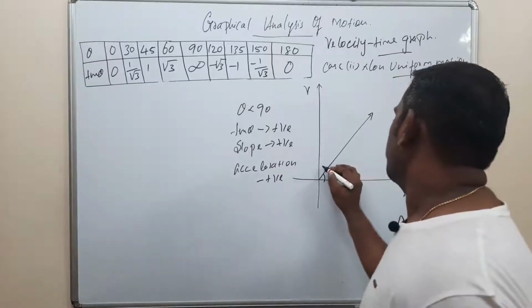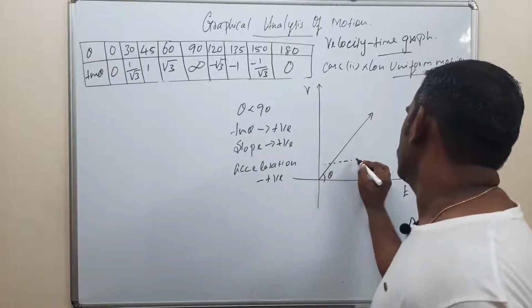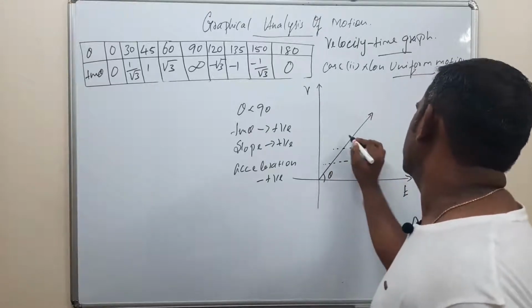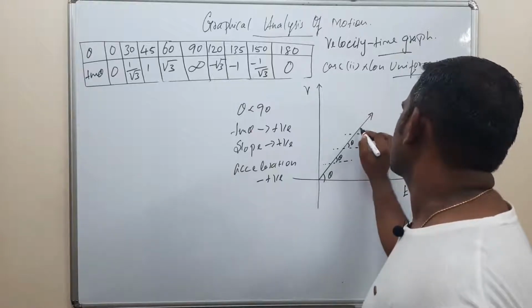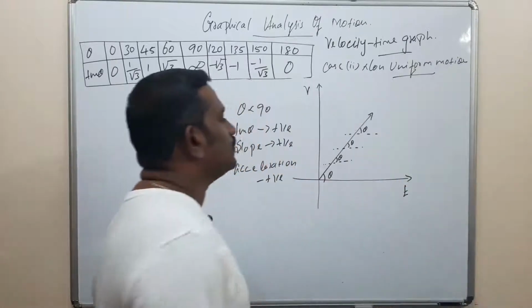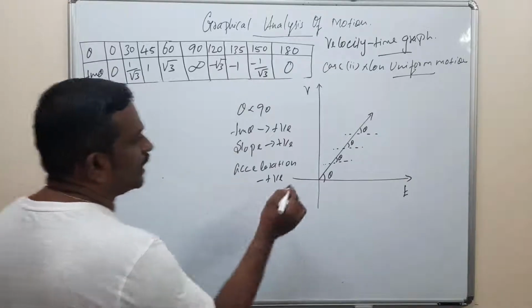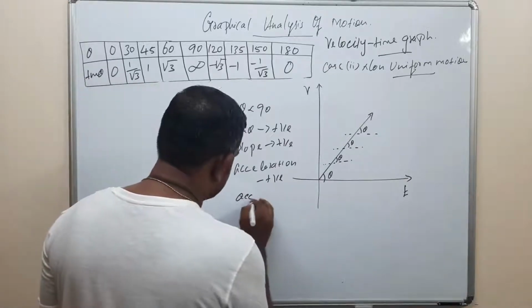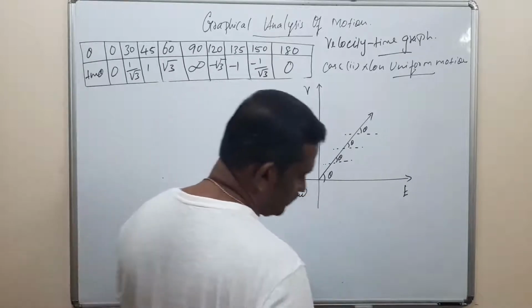If you find the slope at each and every point of this curve, we can see that the slope is also constant. Therefore acceleration is constant.